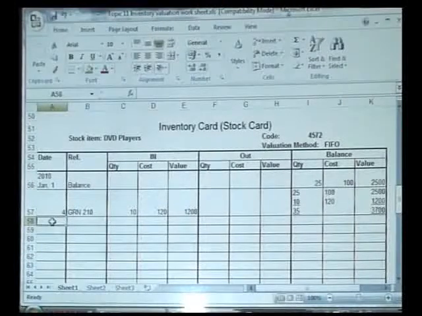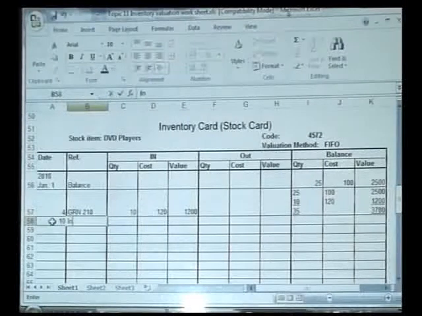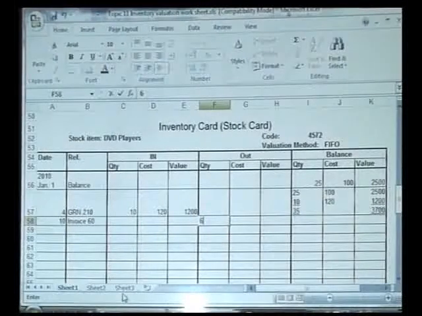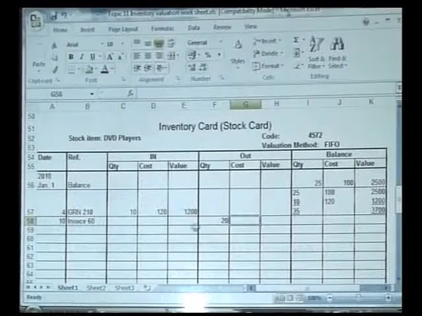Then move on. On 10th, the business has sold 20 units, invoice number 60. Record it in the out column, 20 units, and we don't have to use any other price other than the prices recorded in the balance column.